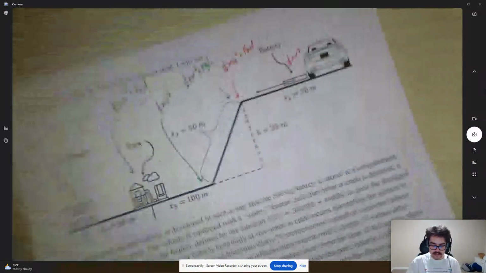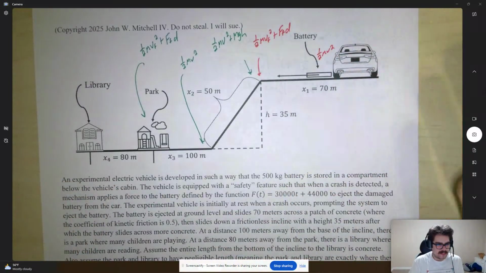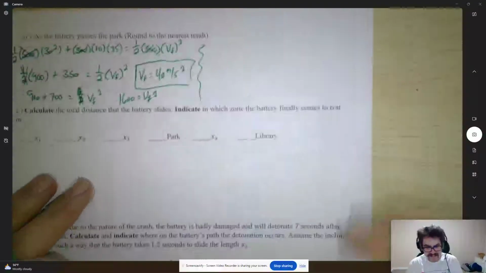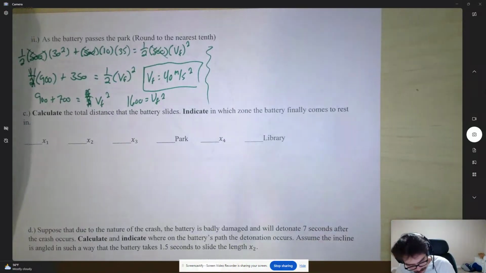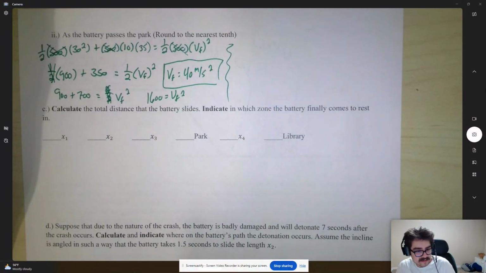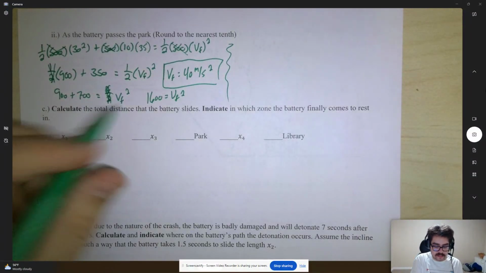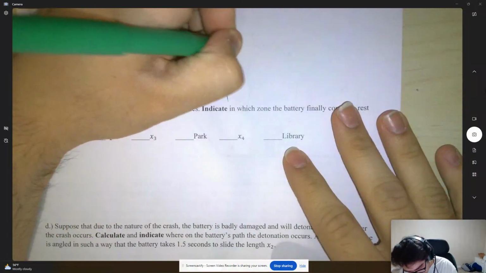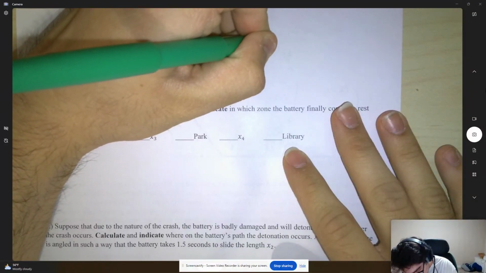Because now you're doing conservation of energy from the base of the incline to here. Oh my gosh, it's the same thing we did earlier, right? How crazy. So I already know that the initial kinetic energy, well, actually, I don't know what the initial kinetic energy is because I need to do that. So I'm going to do 1/2 times 500 times 40 squared.